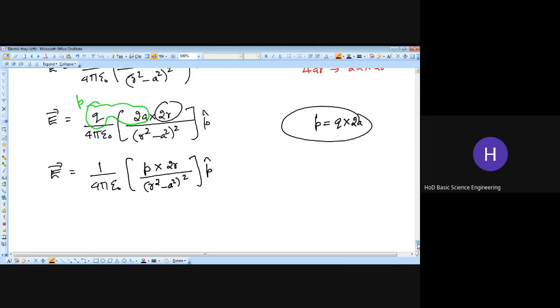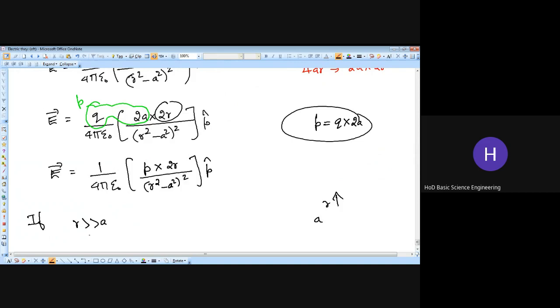Now, if this point P is at a large distance from the dipole, that means R is very much greater than A, compared to distance A this R value is much greater.